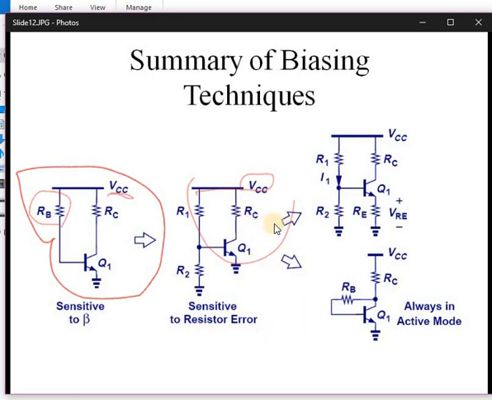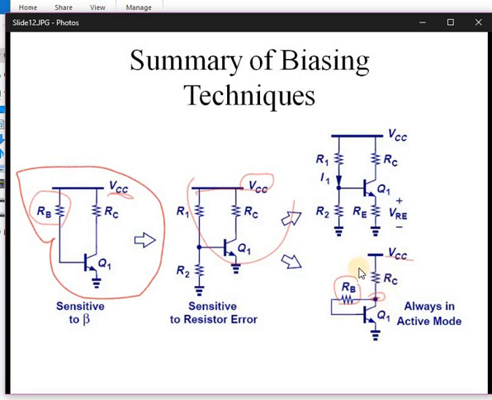Now this circuit will be transformed into the next one, where we are connecting RB. In our fixed bias with emitter circuit, RB is connected to the supply VCC. But in this case, the collector to base bias circuit, the resistor RB is connected to the collector terminal instead of VCC.